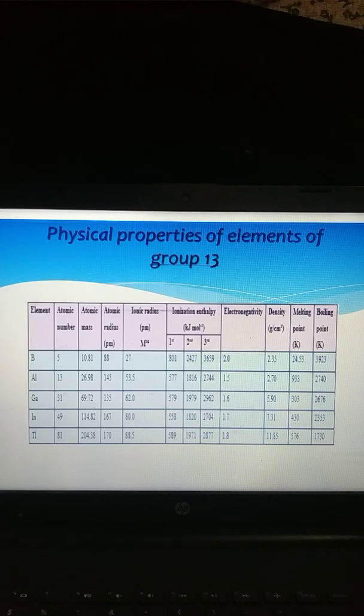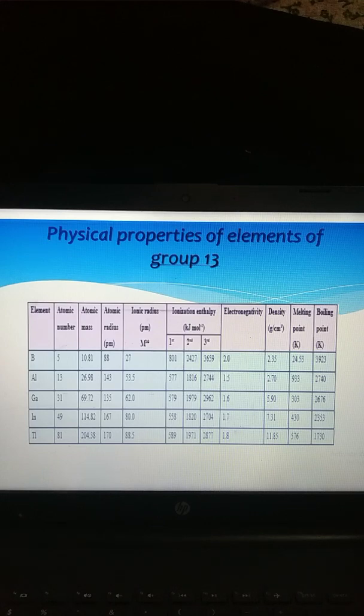Boron has 88, aluminium 143, gallium 135, indium 167, and at last thallium has 170. In the same way, as the size increases, the ionic radius also increases. Boron has 27 ionic radius while thallium has 88.5.